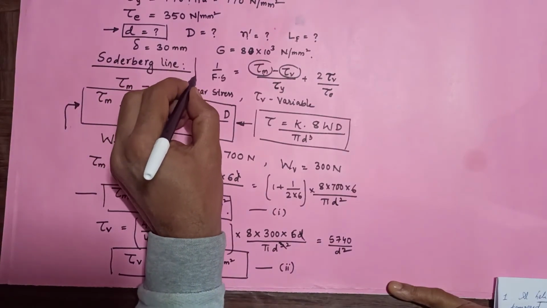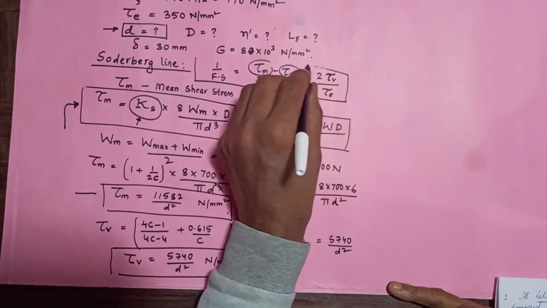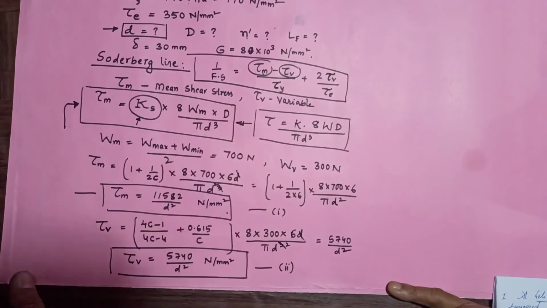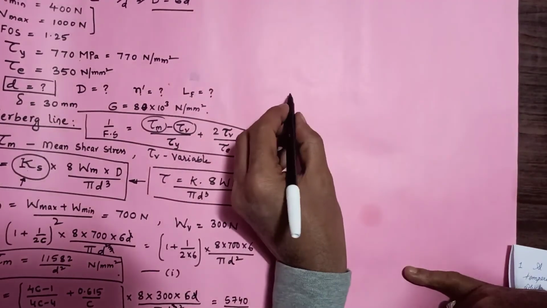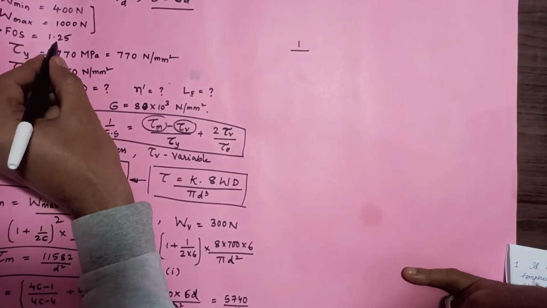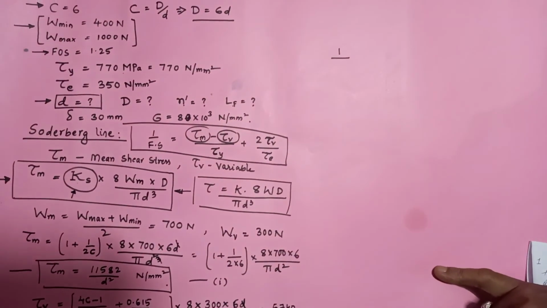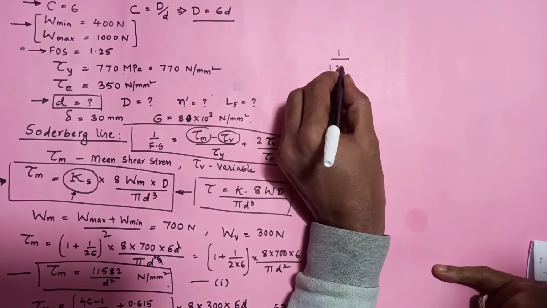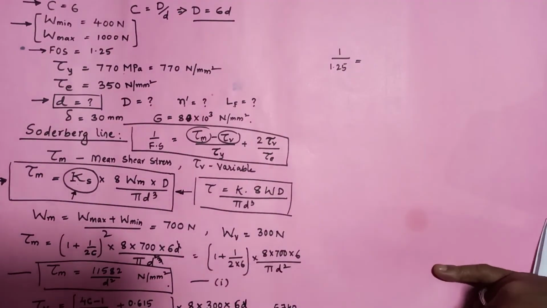Soderberg equation, this equation. In this equation, where 1 by factor of safety, the factor of safety is already given in the question, that is 1.25, right?